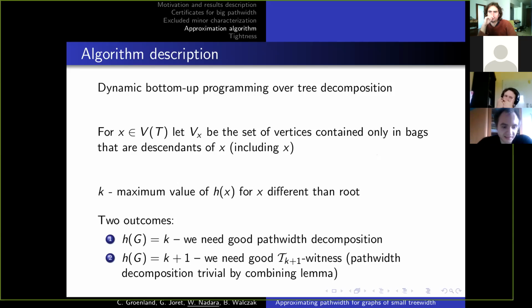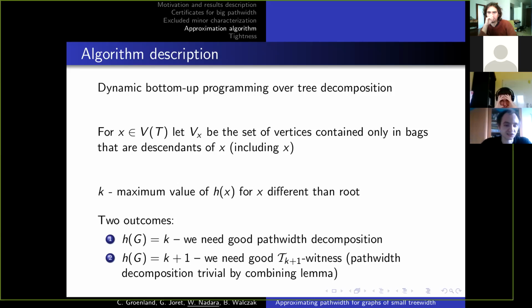In this case, we need to take care to find a good path decomposition. And in the other case, when we are unable to do that, we want to provide a reason why we weren't able to find a good path decomposition. And that reason is a bigger witness.